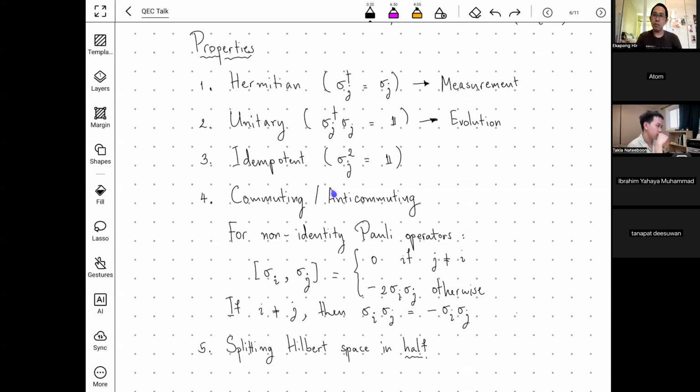And the fourth property here, I'm not sure if I'm going through this too fast or not. The fourth property right here, the commuting and anti-commuting property, this one is actually used to detect errors.